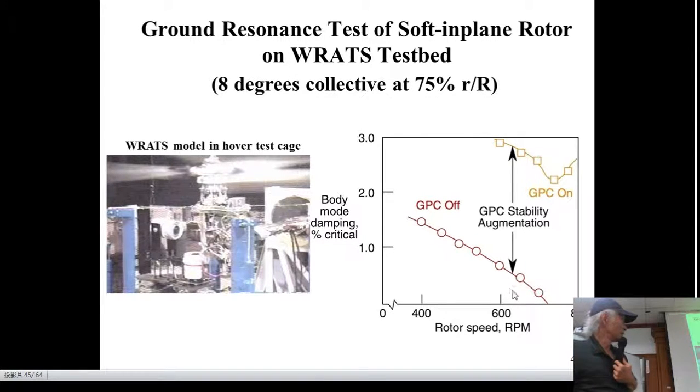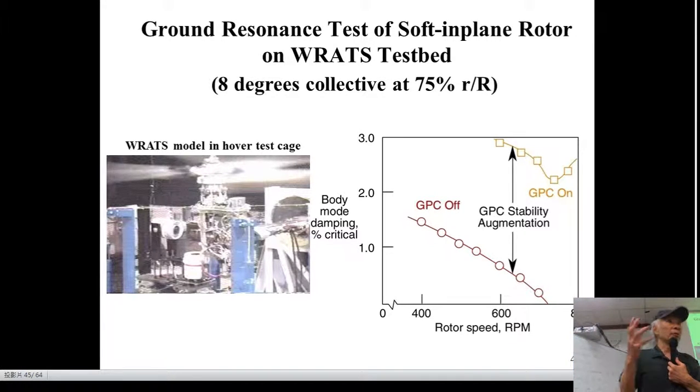However, if at about 600 we turn on the GPC, in other words, from 0 to about 500, we use those data for your system ID to compute alpha beta, then compute TAC, then compute alpha C, beta C, and then at about 600 RPM, then we turn on our GPC. Then that eigenvalue will jump from about 0.05 up to about 3.